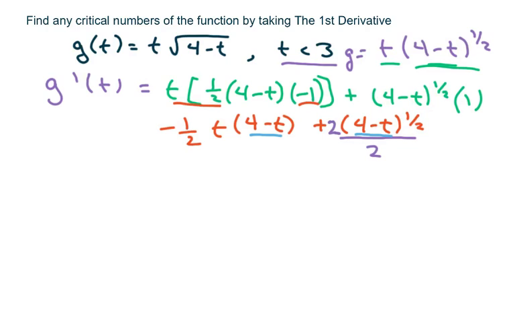Oh, this is to the -1/2. I'm going to pull out the 1/2, and then I'm going to write (4 minus t) to the -1/2, then multiply it by -t.